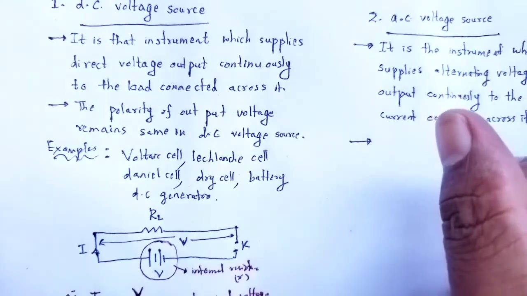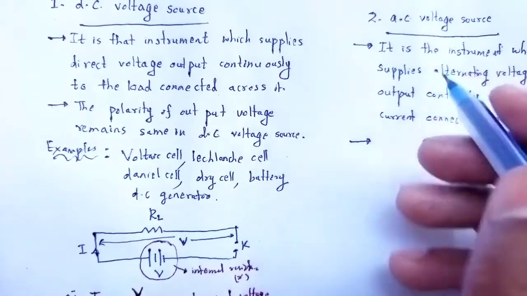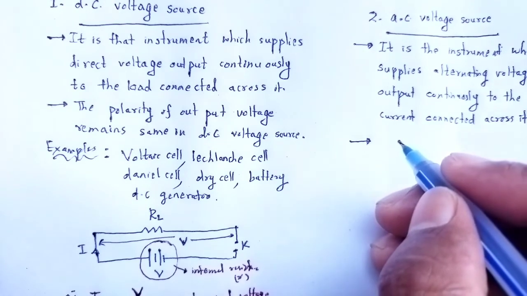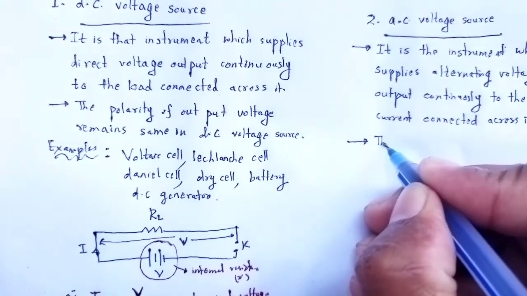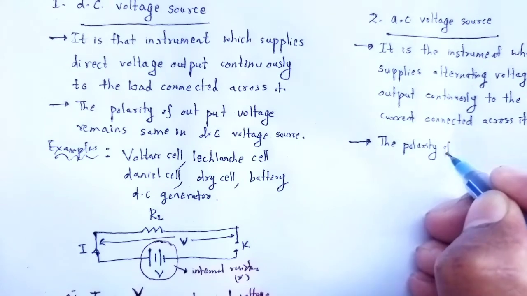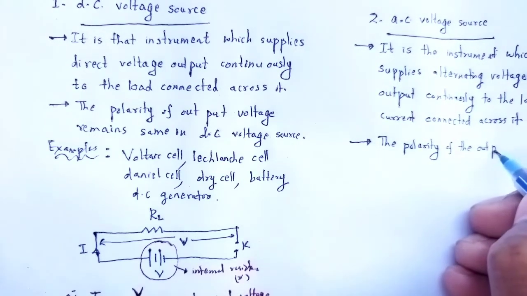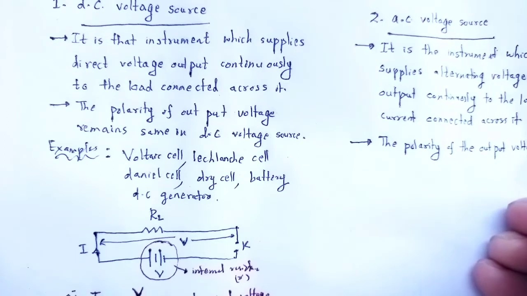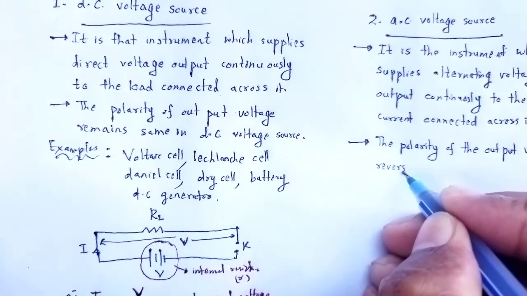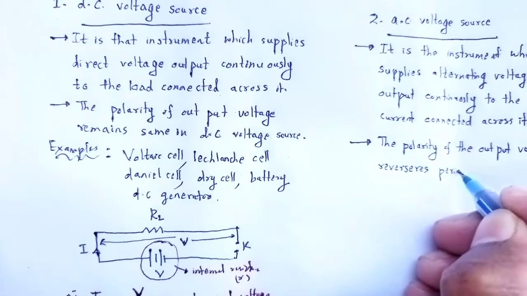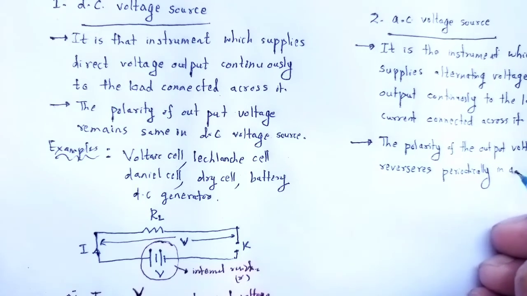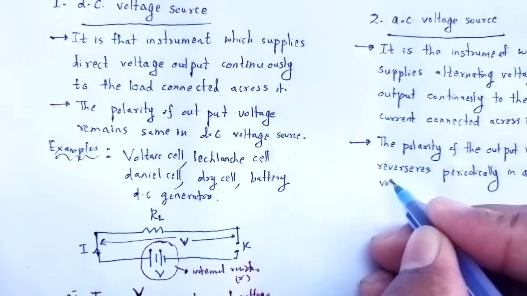And the polarity of the output voltage in case of AC: in case of DC, the polarity of output voltage remains same, but here the polarity of the output voltage reverses periodically in AC voltage source.